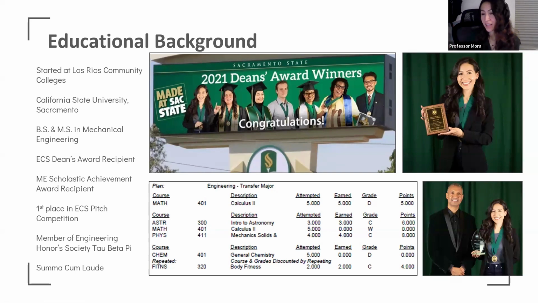Actually, I got the ECS, or Engineering Computer Science, Dean's Award and the Mechanical Engineering Scholastic Achievement Award, and then a couple of other little things. I got first place in the ECS pitch competition. I was a member of the Engineering Honors Society Tau Beta Pi, and I graduated summa cum laude.